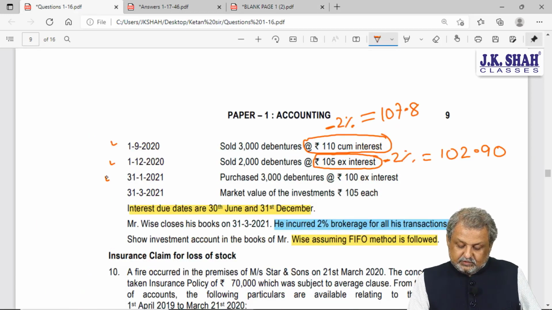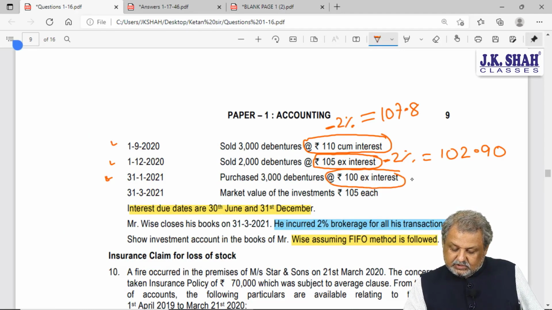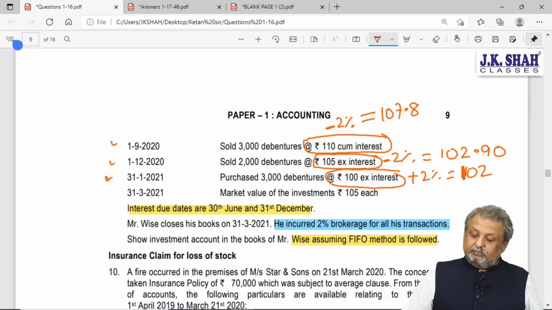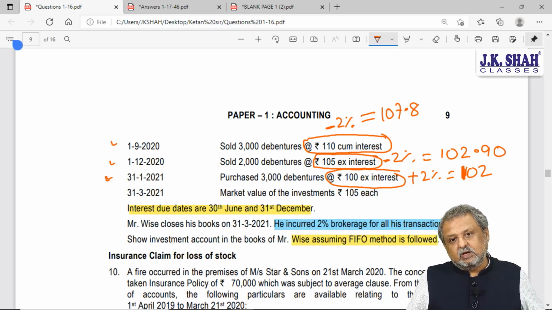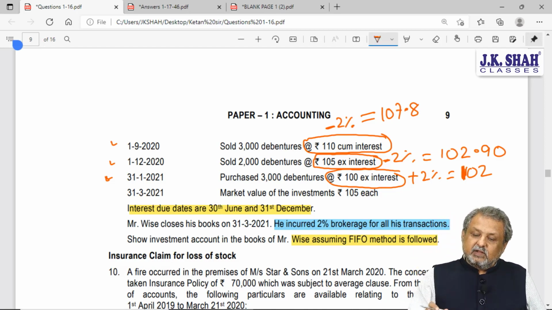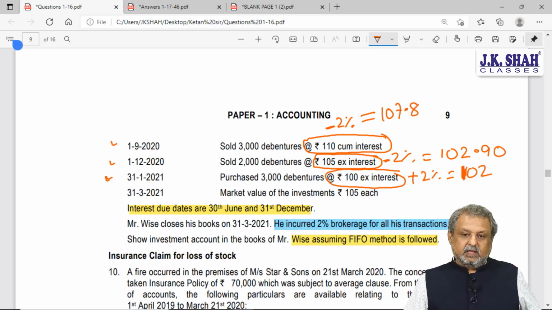Then 31st January, purchase 3,000 debentures, 100 ex interest, but it is a purchase transaction, so plus 2%, it will be 102. On purchase you should add brokerage, on sale you should less brokerage, and whatever price is given in question, on that you should apply.